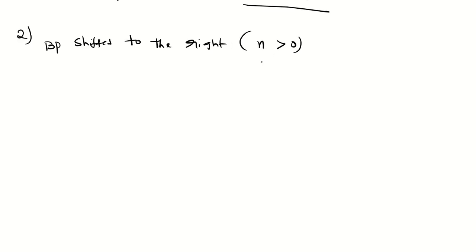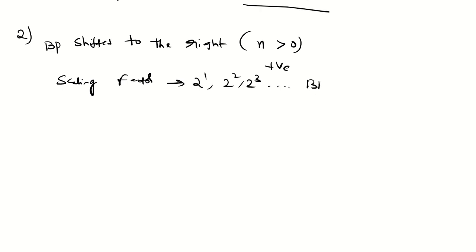That means whenever the position value is greater than 0, which is positive, the base point is shifted to the right side. Let's see the scaling factors. Positive means the scaling factors are nothing but 2 power 1, 2 power 2, 2 power 3, like this. So this base point immediately shifts towards the right side.